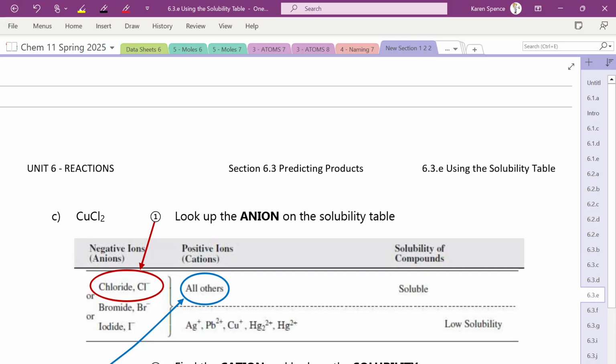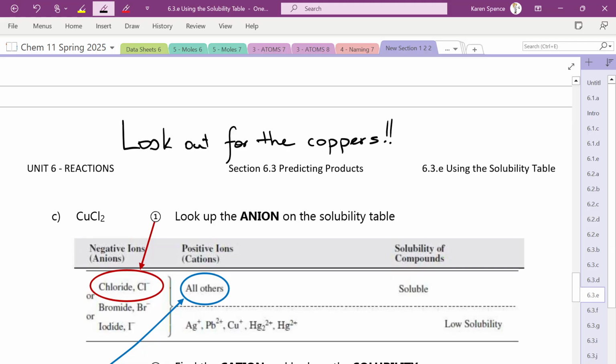So you need to look out for the coppers. Why are we looking out for the coppers? Because copper just doesn't have one charge. It has two different charges. It's got multiple different charges. We have copper 2+, and we have copper 1+.